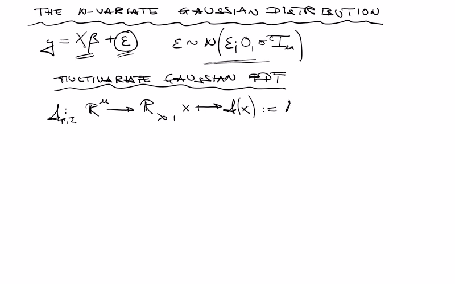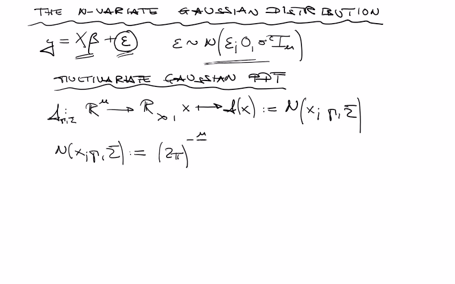And these values are defined as this, what I'm writing here is N(x; mu, sigma). And this expression here, so this N(x; mu, sigma), that is defined as 2 pi to the power of minus n half, this thing here, and this thing here.